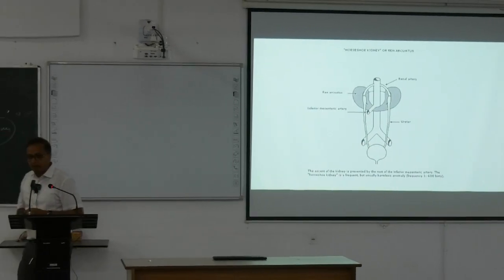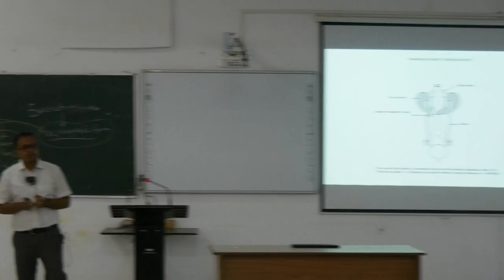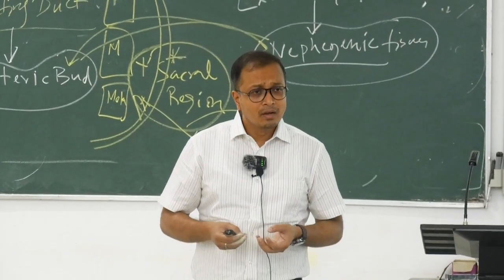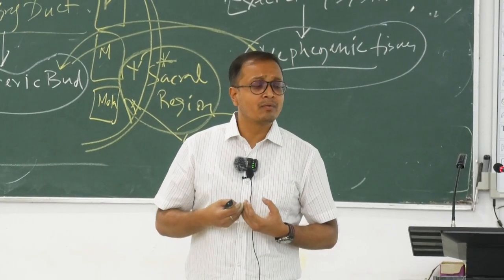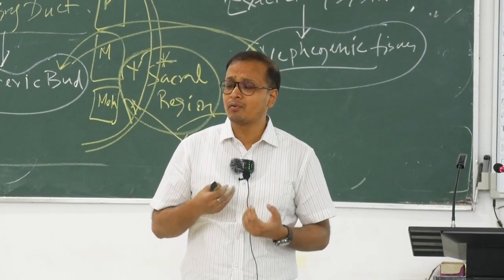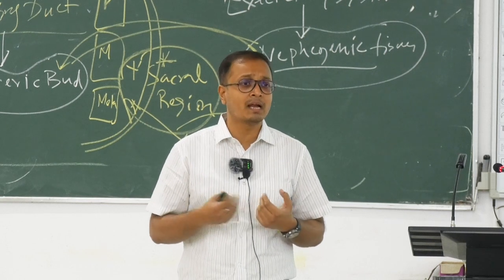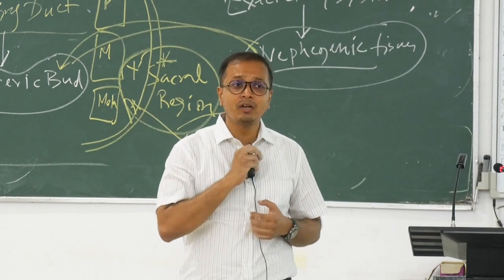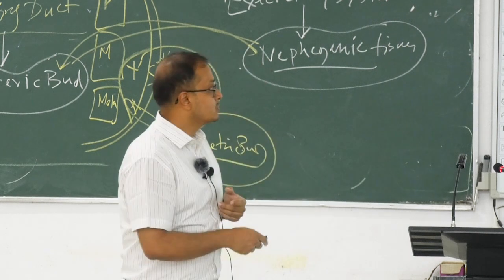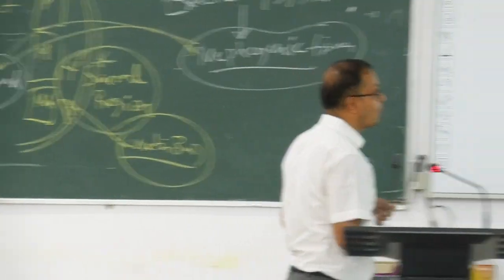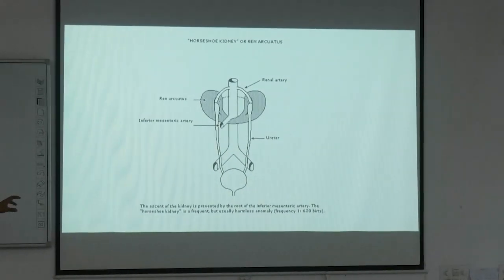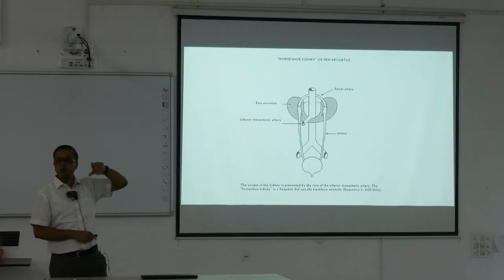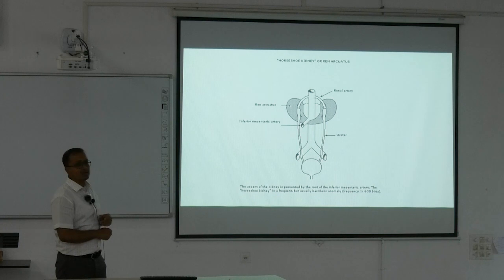That is another phenomenon. Out of the kidney errors of development, there is another grave thing that can happen. Sometimes the nephrogenic tissue lying at the bottom of the sacral region remains joined, and as a result, the lower pole of the right kidney and the lower pole of the left kidney may remain united. When this kidney climbs up, it gets arrested.